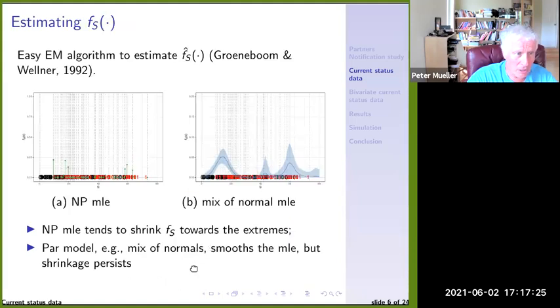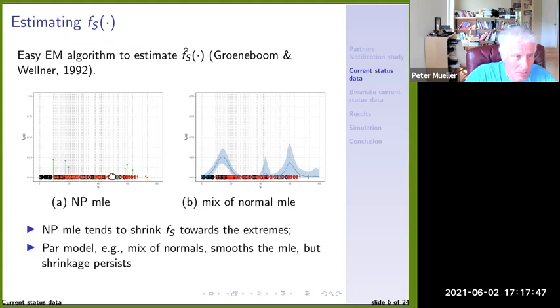And on top of that, there's also this tendency for the non-parametric MLE. The left figure shows the non-parametric MLE as green pins. The location of the pins is determined by these 0-1 pairs, and the height of the pin is the probability mass that we allocate there.